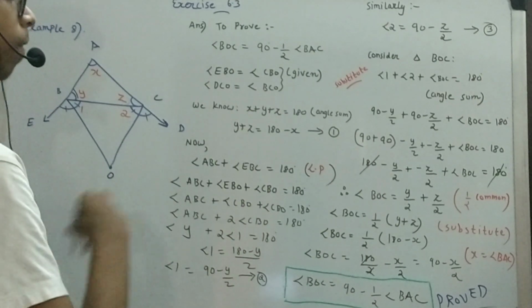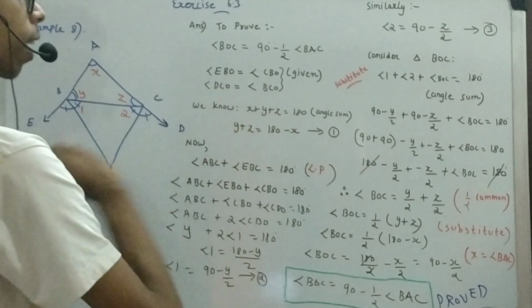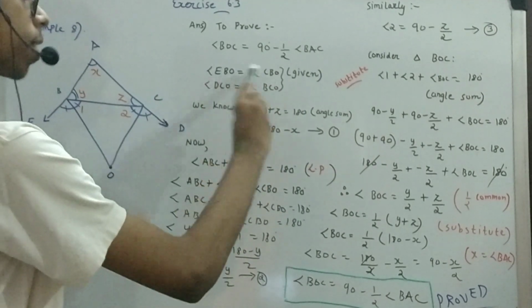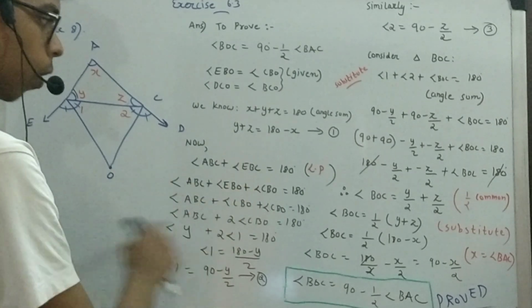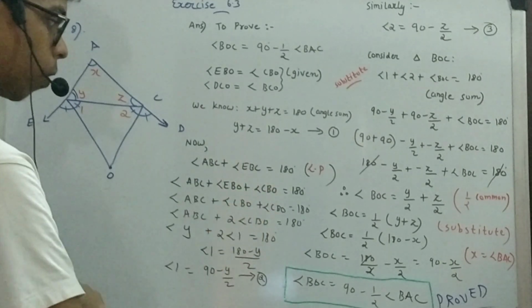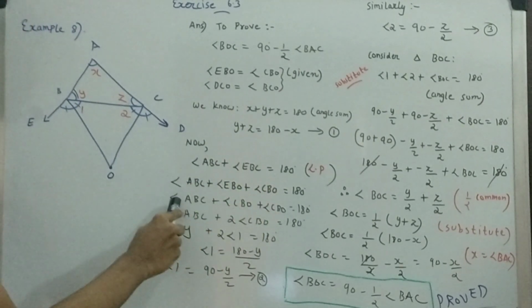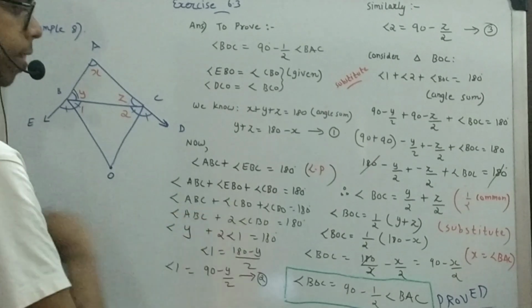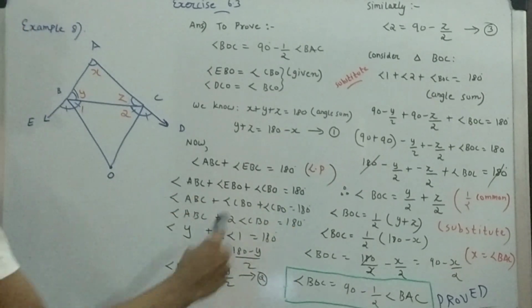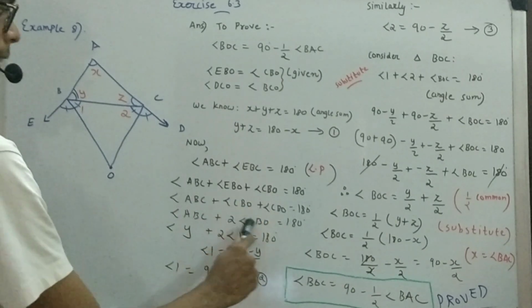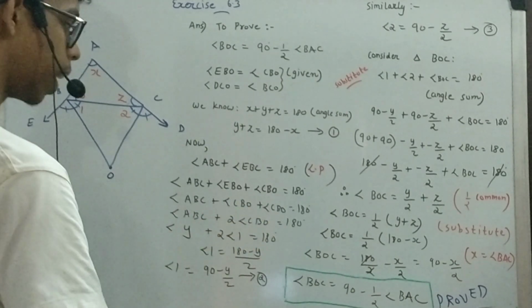It was given to you that they are angle bisectors, so EBO is equal to CBO. So here instead of angle EBO, I am substituting it with CBO. So I will be getting angle ABC plus angle CBO plus angle CBO is equal to 180 degrees, so just twice of angle CBO is equal to 180 degrees.